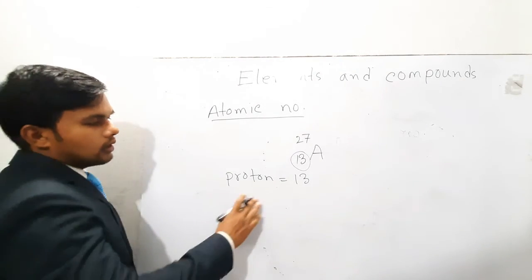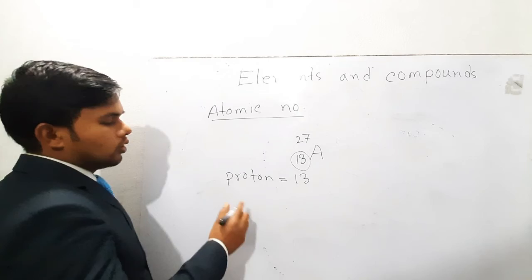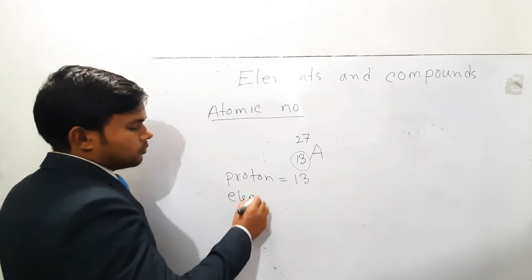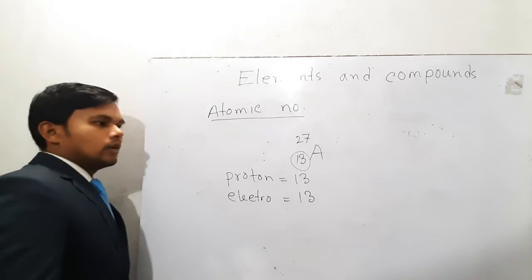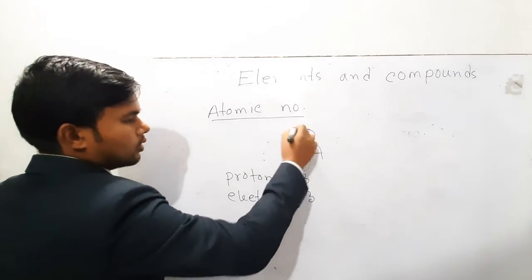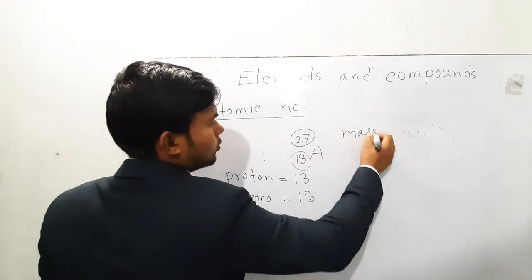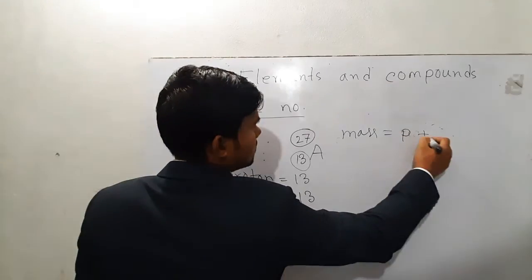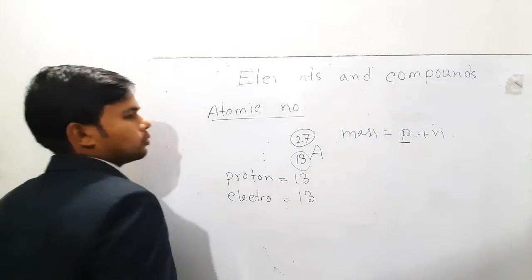That means if there are 13 positive charges, there will be 13 negative charges present. So electron is also 13. Total mass is 27, and we know mass contains proton plus neutron. So if proton is 13, then what will be the neutron number?